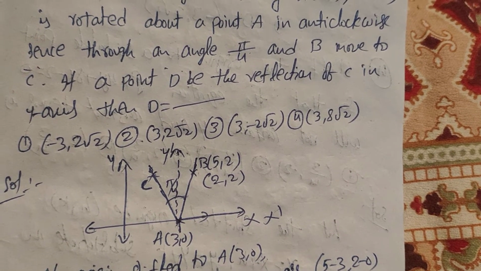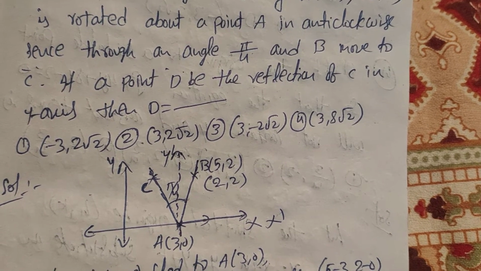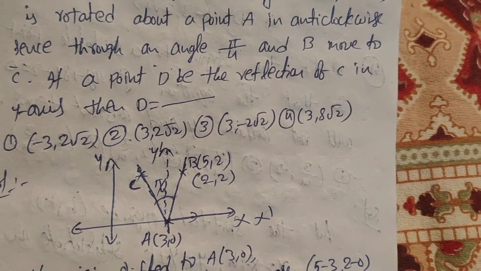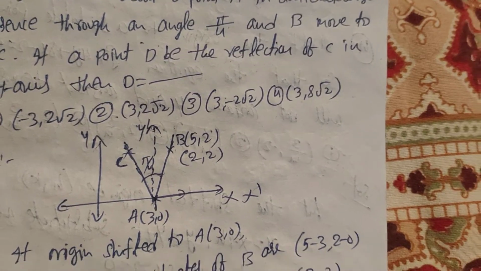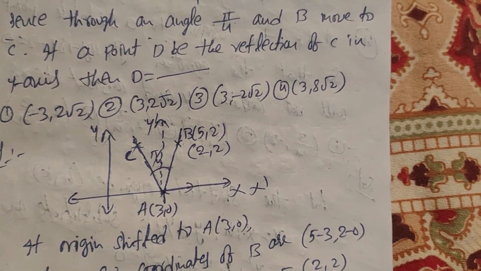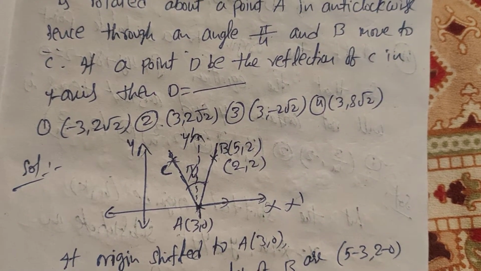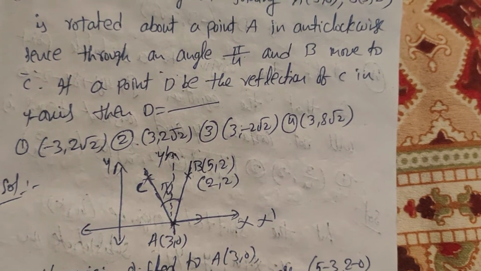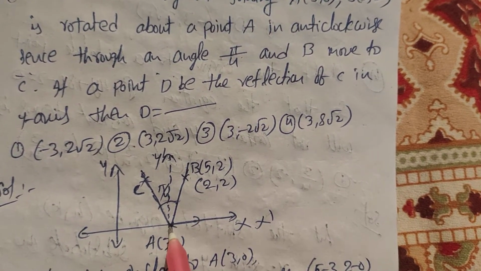If the given rotation is in clockwise sense, we have to take it in anti-clockwise sense. This applies when rotating any line segment or any curve like circle, parabola, ellipse, whatever it may be. Remember this point. Here it is about A, it is not about the origin.